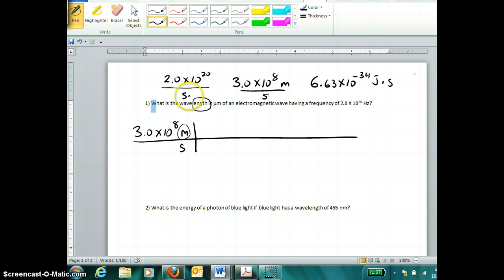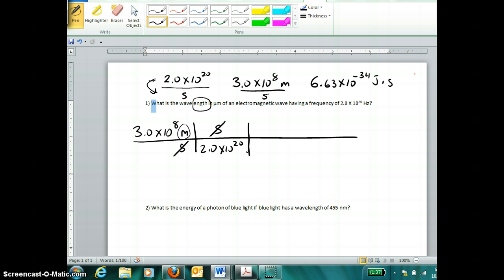However, since they exist in the denominator of a frequency, I would want to divide by or invert and multiply by this amount. Namely, for every second, you have 2.0 times 10 to the 20th waves. And the seconds cancel, and lo and behold, the only units left are units of length.